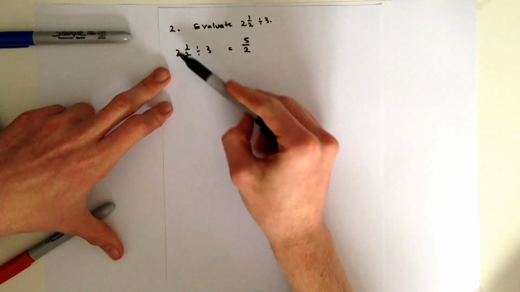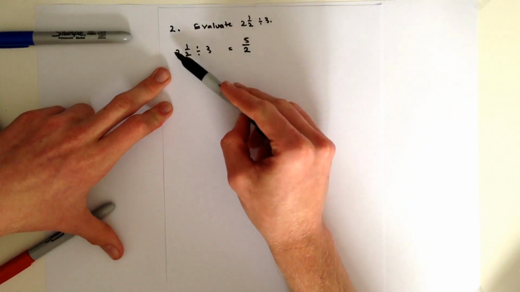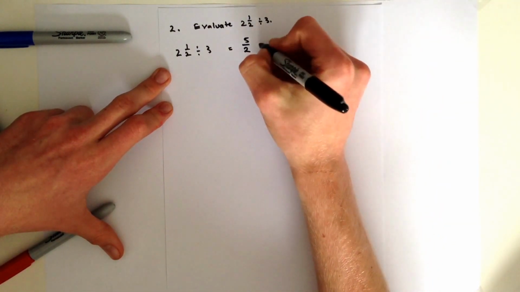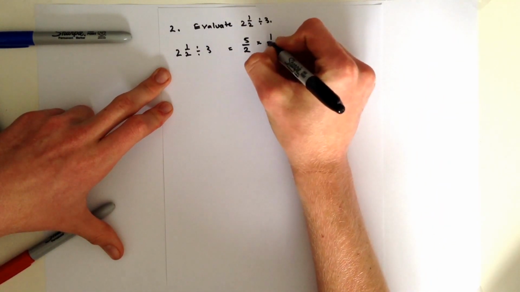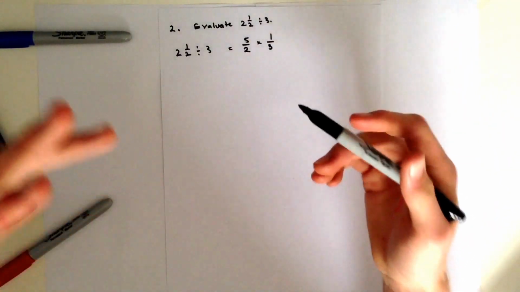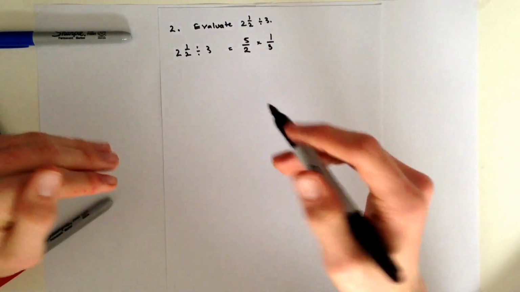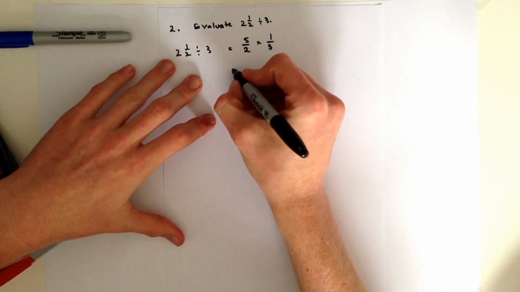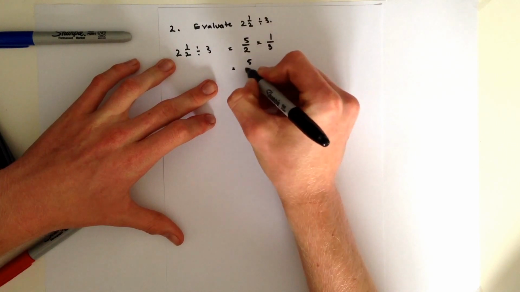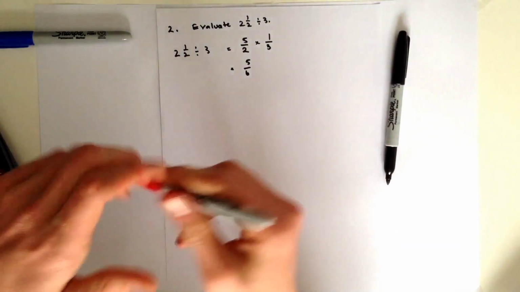I'm just taking this 2 lots of 2, which is 4, and putting it up here to make 5 over 2, timesing it by 1/3, because dividing by 3 is the same as timesing by a third. So we end up getting 5 on 6. And that's the answer.